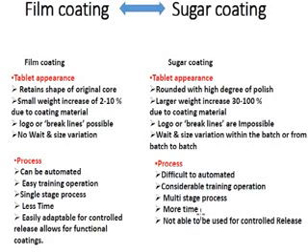So these are the differences between the film coating and the sugar coating. What is meant by the film coating and the sugar coating? Generally, when we are applying the film coating, it retains the shape of the original tablet, because it is very thin in nature. That's why the actual shape of the tablet will remain as it is.